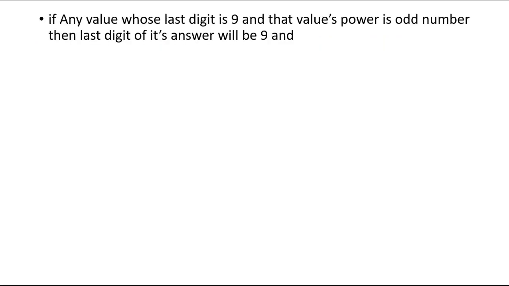Now let's move on. If any value whose last digit is 9 and that value's power is an odd number, then the last digit of its answer will be 9.